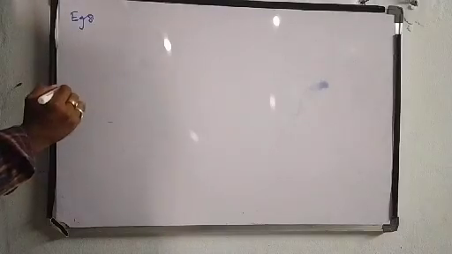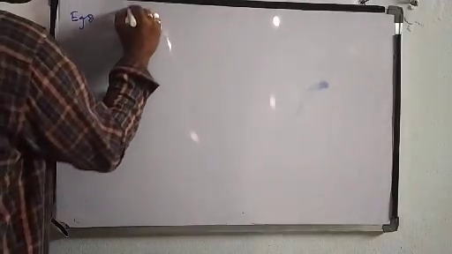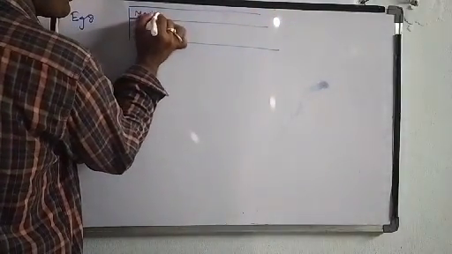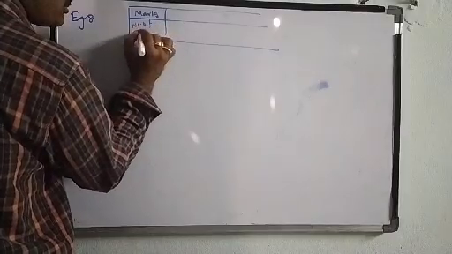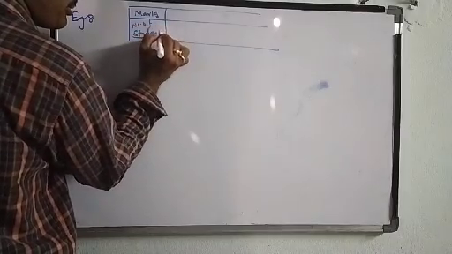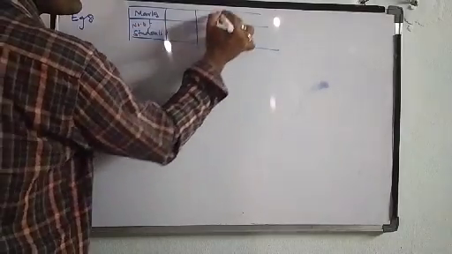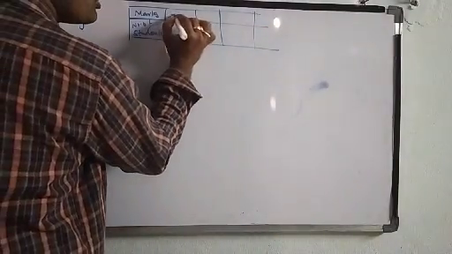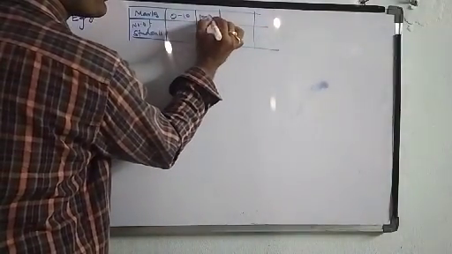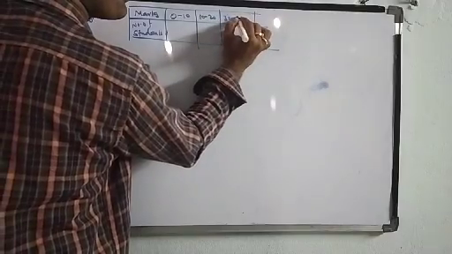So example 8 question we are seeing. Marks and number of students are given. The marks are 0 to 10, 10 to 20, up to 100.